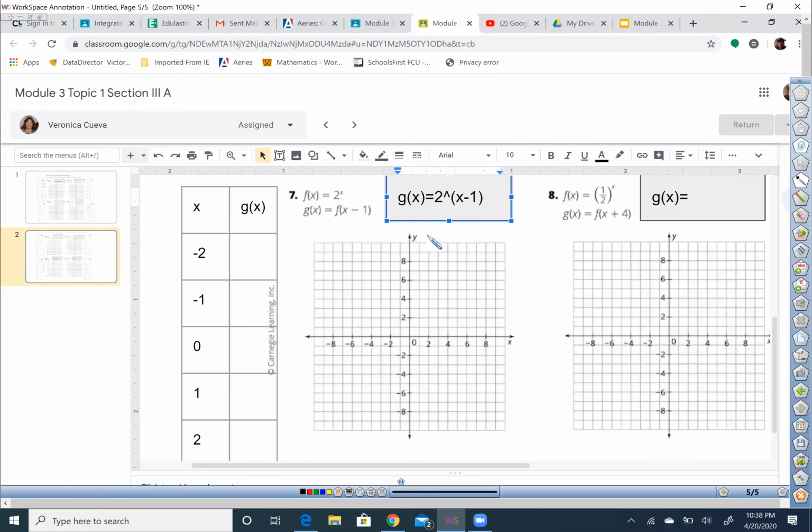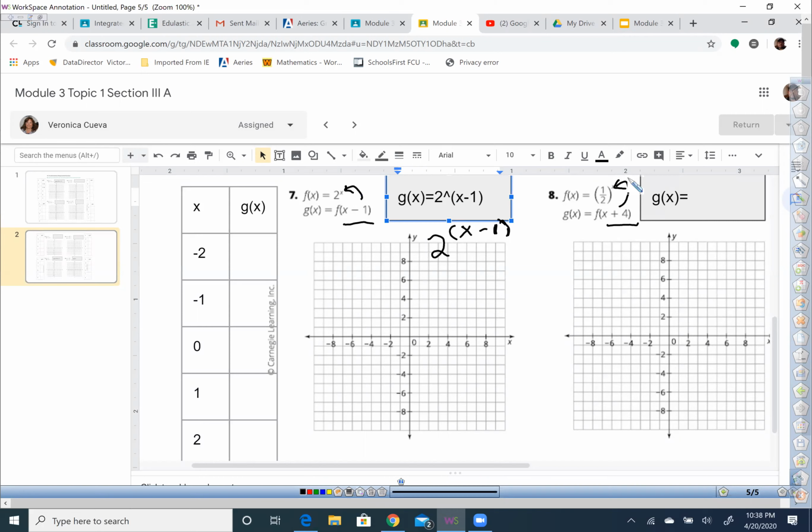It's gonna be 2 to the x minus 1. So the x minus 1 from here, you're gonna grab that and replace the x on top. So over here on number 8, same thing. You're gonna get the x plus 4, and you're gonna plug it in for that x value on top. Okay, so that's what we're gonna do.